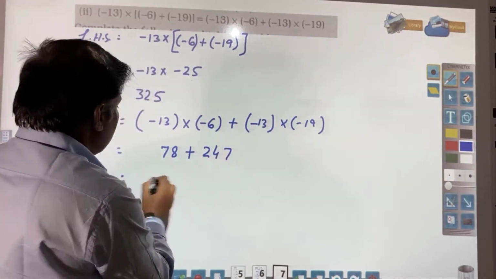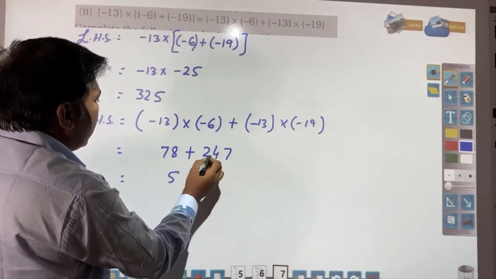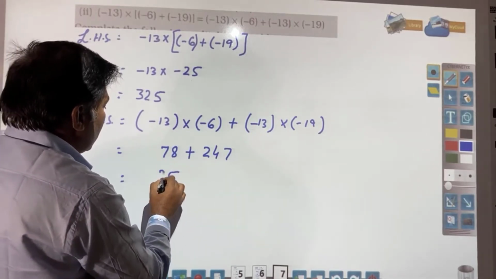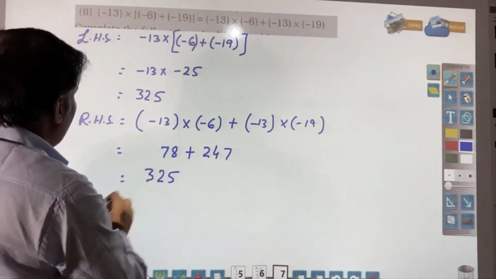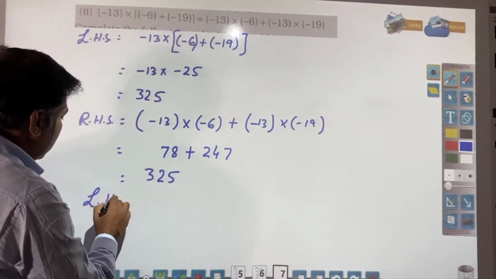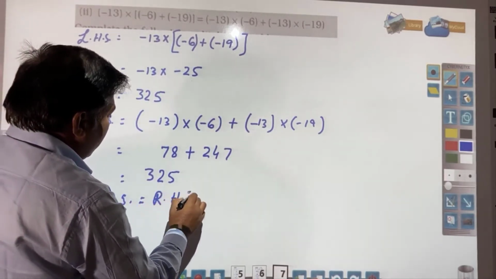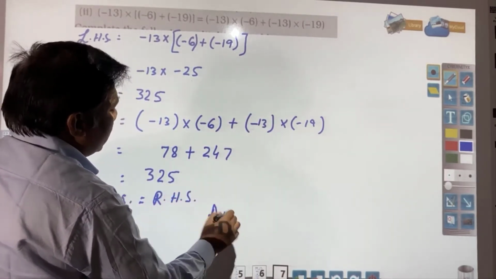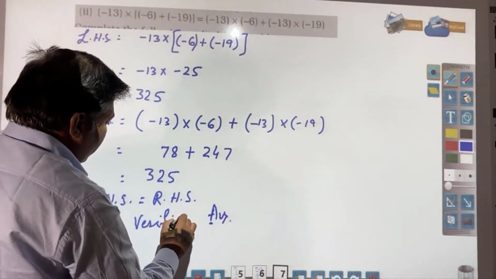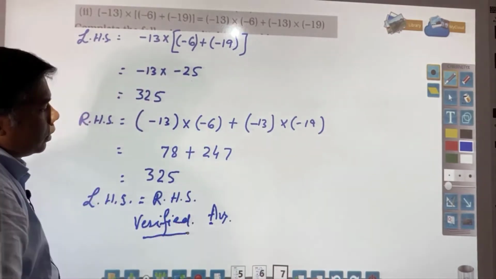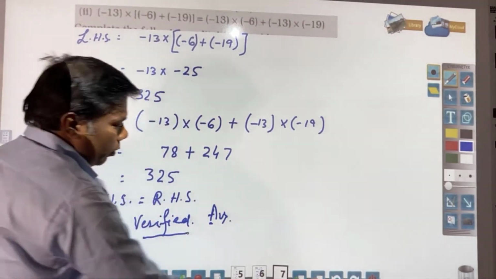Now you add this, 5, 7 and 4, 11 and 1, 12, and this 325. So here you see LHS is equal to RHS, and you have proved this. You have verified. You can write verified. So the first question, in the same way you need to solve.